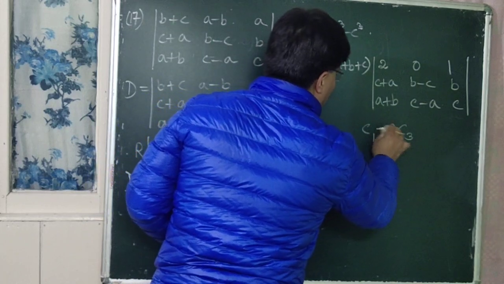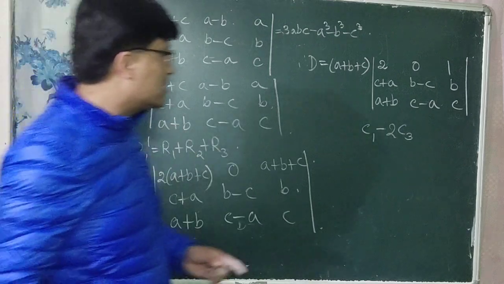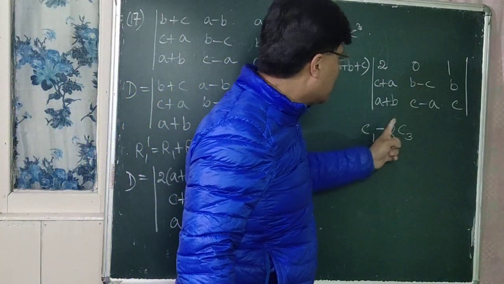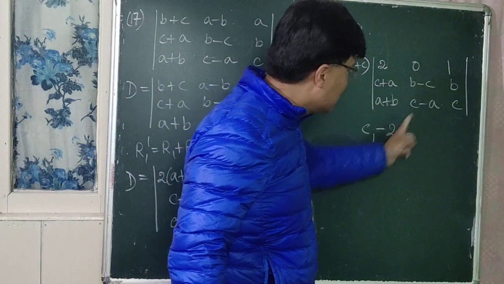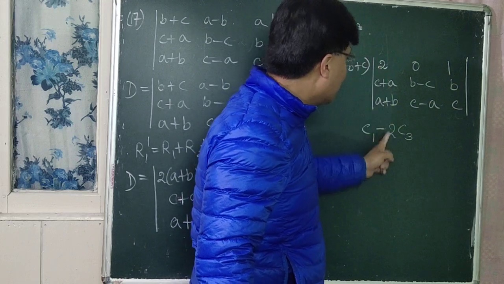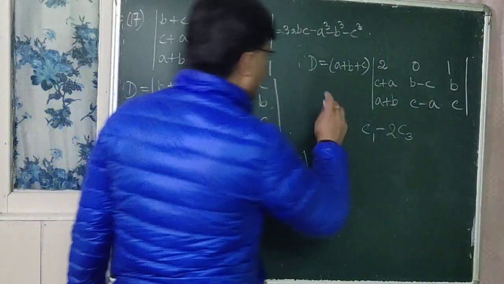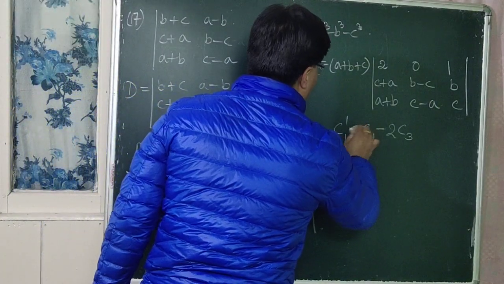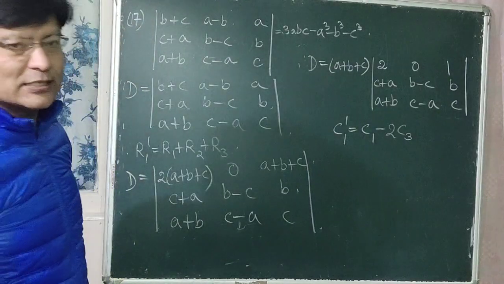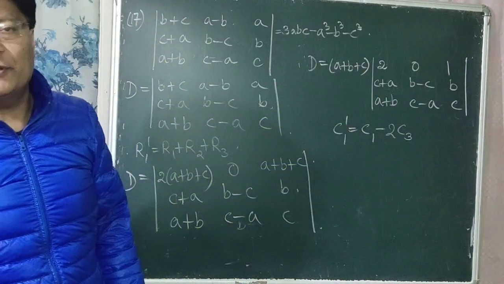So column 1 minus 2C3. Now what happens here is that this is multiplied by 2 and it is subtracted from the first column, that is 2. 2 minus 2 is always 0. Okay? And you will write it in the new first column, that is C1 dash is equal to C1 minus 2C3. This is your property number 5.